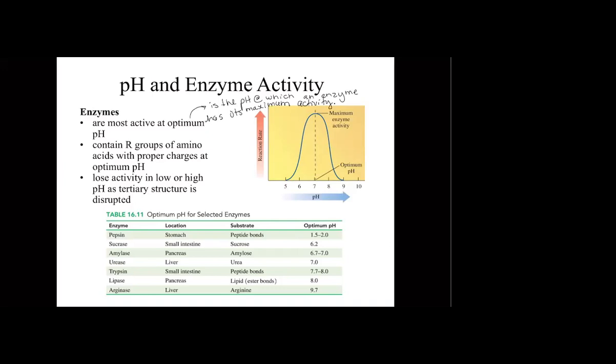But one of the important things to note is that there are different pHs for different enzymes, and it all depends on their location, because it depends on where the enzyme is catalyzing the reactions that it needs to catalyze.